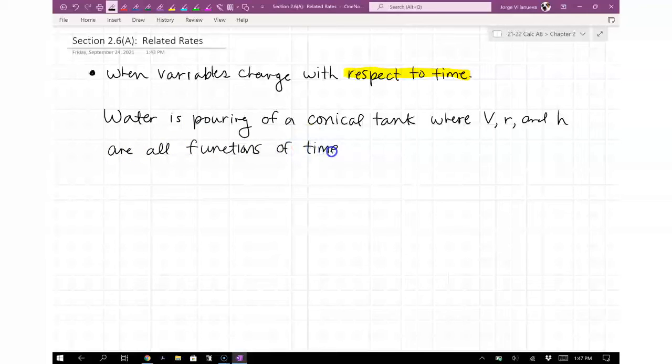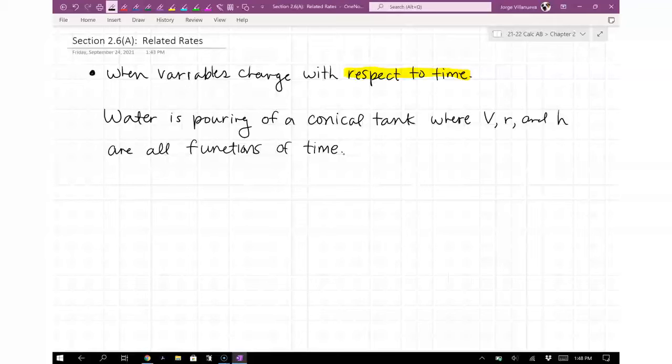So in other words, they all have a relationship with time. That means I can take a derivative of them with respect to time because they're all functions of time. So we're going to assume V, R, and H are functions of time.